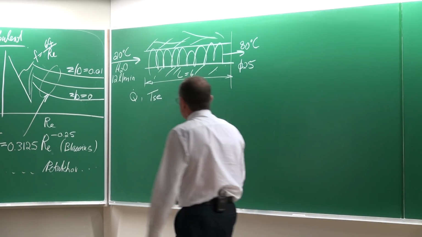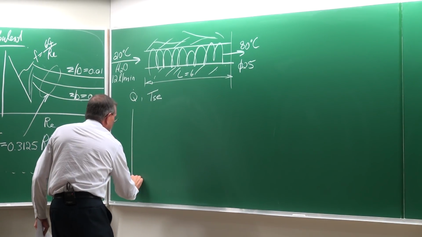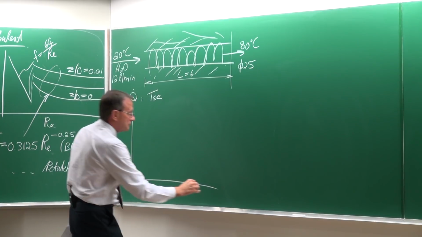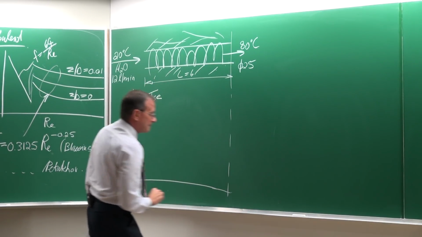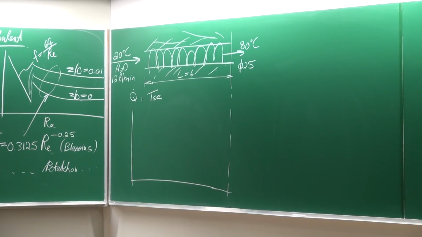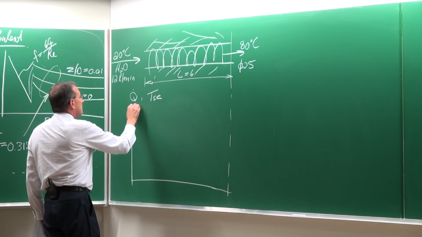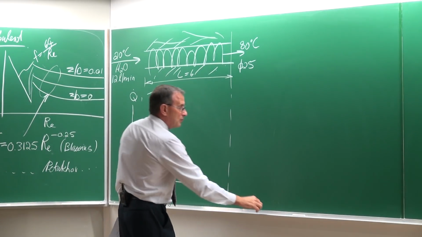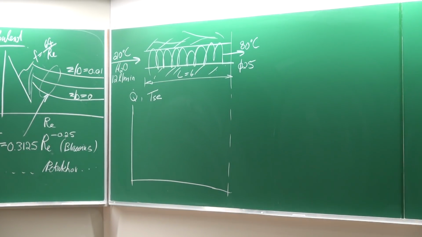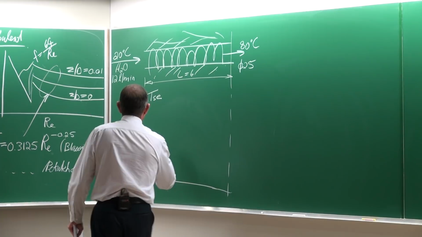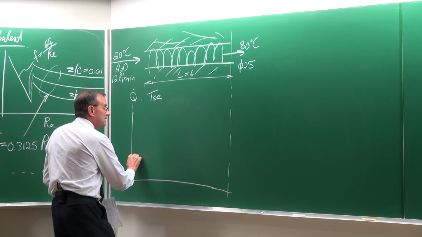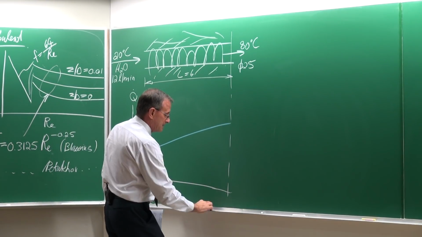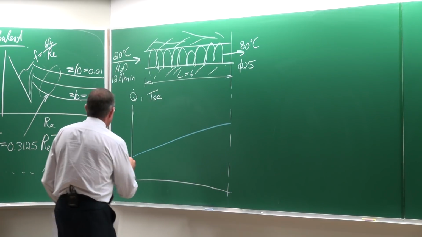Now, I would always recommend that you draw a curve for yourself. It makes it more visual, and then it's easier to identify certain trends. Because it's a constant heat flux, it means that from the inlet temperature to the outlet temperature is a linear increase.